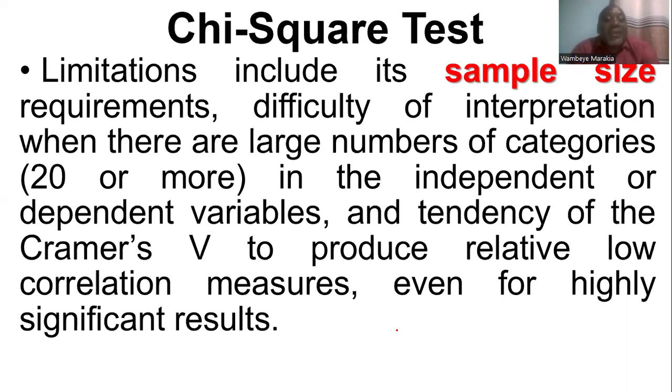As such, the Cramer's V produced may be very low, and it is difficult to tell the kind of association, or the strength of the association, that exists between these variables.